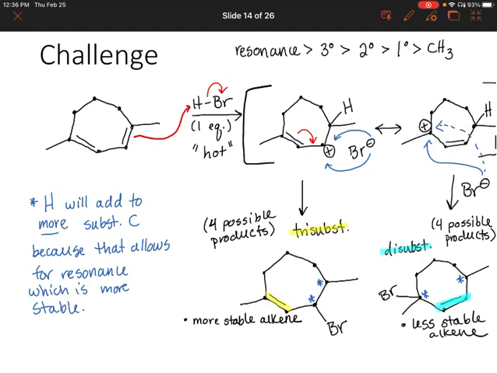All right, now let's figure out which one is the kinetic product. The product on the left or the product on the right? So the product on the left is the kinetic product because the bromide was just right there, ready to attack. And this is also the 1,2 addition product. So that automatically means it's the kinetic product.